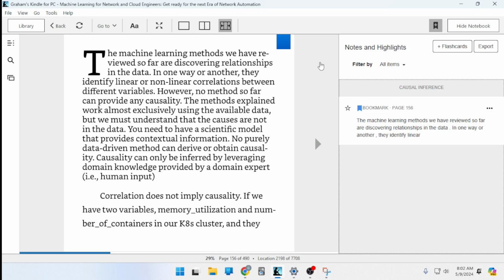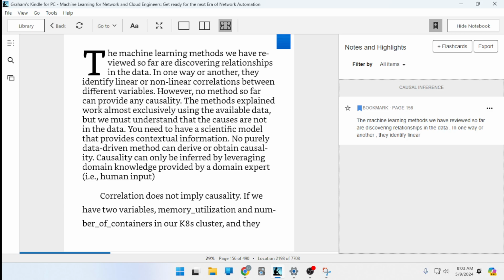The methods explained work almost exclusively using the available data, but we must understand that the causes are not in the data. You need to have a scientific model that provides contextual information. No purely data-driven method can derive or obtain causality. Causality can only be inferred by leveraging domain knowledge provided by a domain expert. For example, human input.